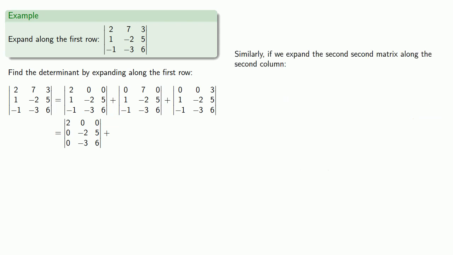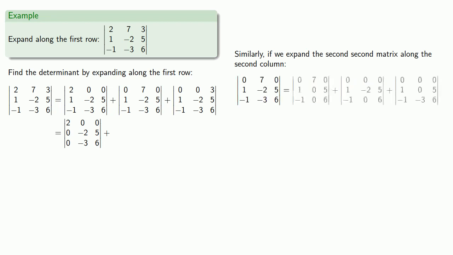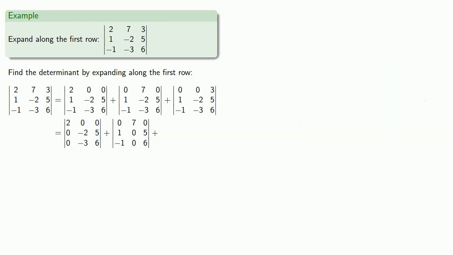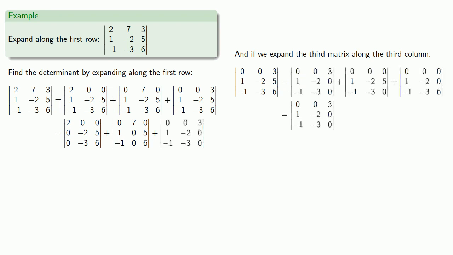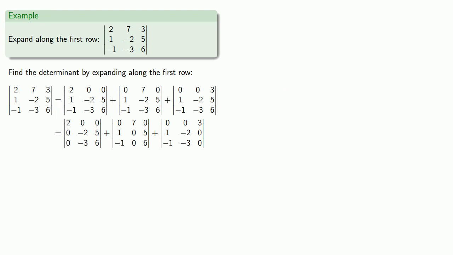Similarly, if we expand the second matrix along the second column, we get... And again, the row of zeros means that these two matrices don't matter. And that third matrix will be... And so the determinant is expressible in terms of 3 other determinants.